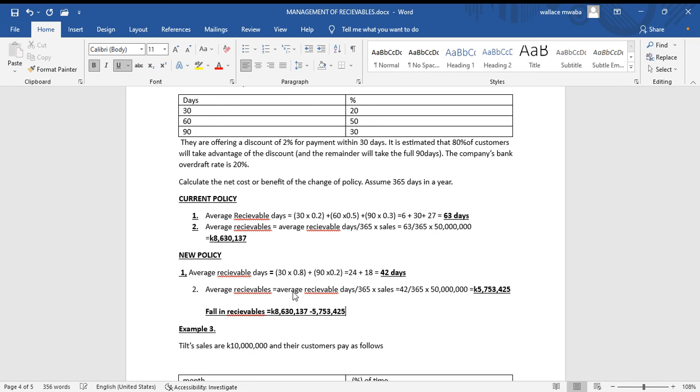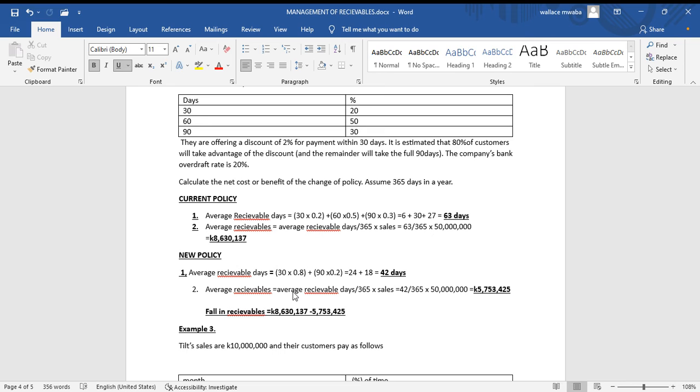Basically, this fall in receivables, what we're talking about is we won't have so many people owing us big amounts of money. Without the discount, we'll have a big receivables amount.